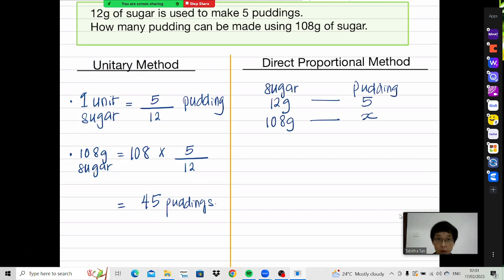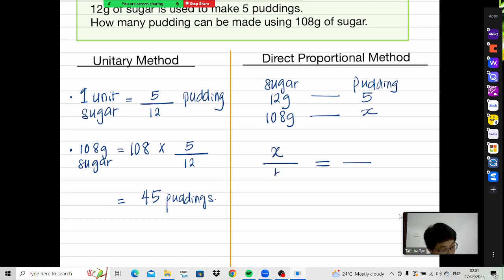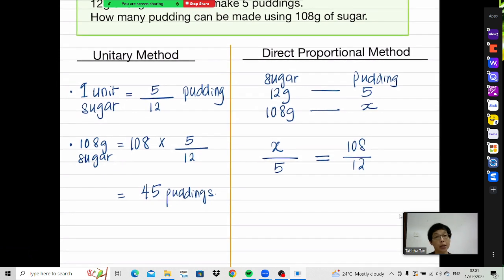Now how do you arrange that ratio? You know you're going to have something equal, and you're going to put in the ratio. The one we're interested to find, let's prioritize and put in that X. So X over 5 equals 108 over 12. It's practical, not really doing maths. It's just like arranging decoration in your room.